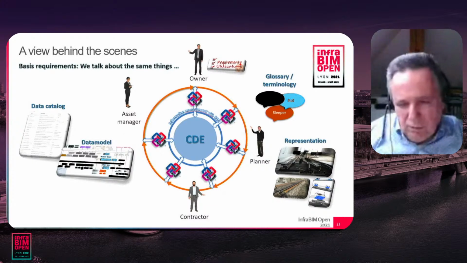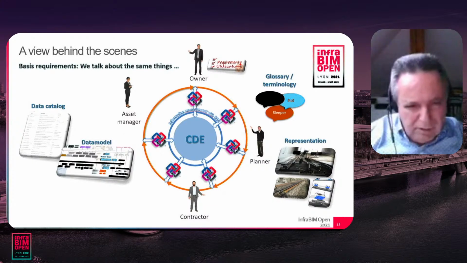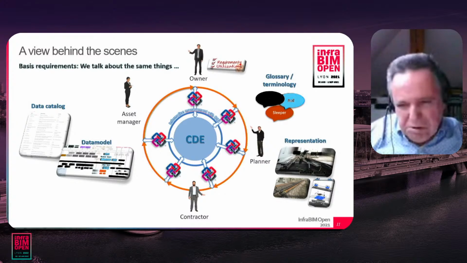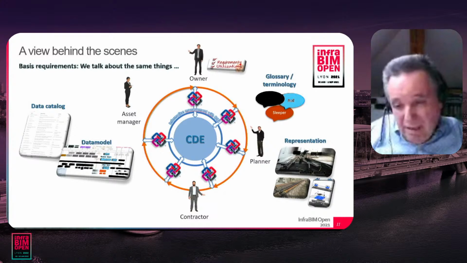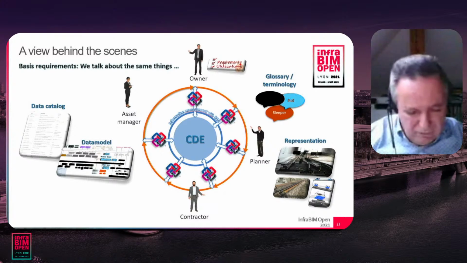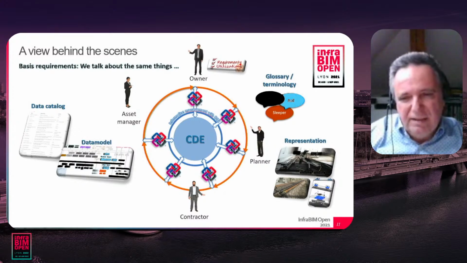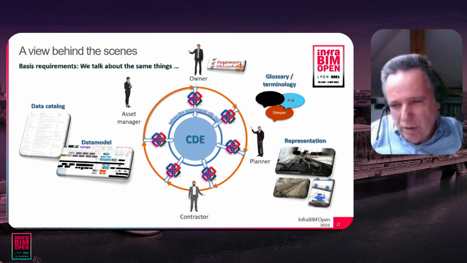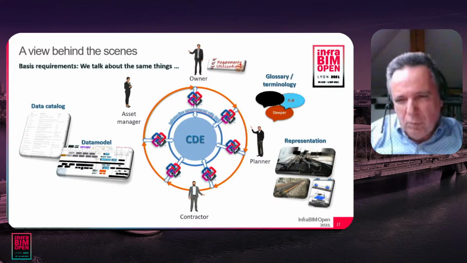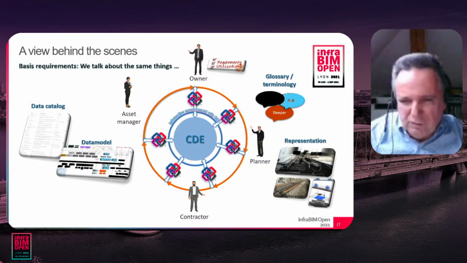Basically, we talk about the same thing, namely our infrastructure assets. So it should be very simple for everybody. But depending on the role you have in the lifecycle process, the abstraction of the real world is slightly different. So we have the owner, for whom it is important to have the requirement and the utilization of his infrastructure.